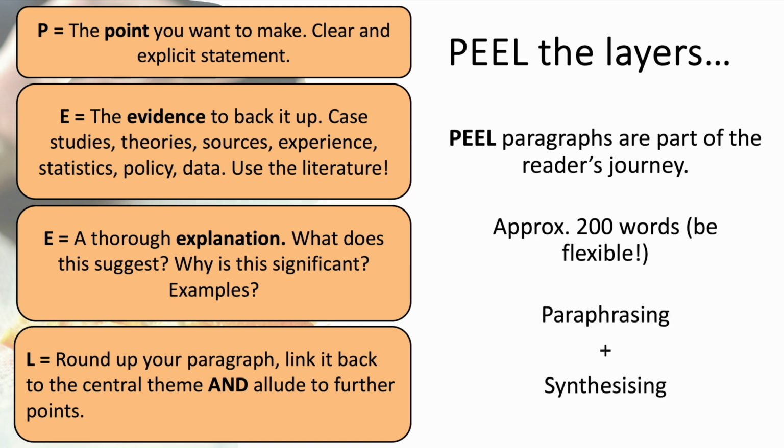Think about paraphrasing. I've just mentioned that we're working at level 6, so we're more likely to be paraphrasing now. And think about synthesis, bringing together multiple sources that agree with one another on a particular topic. Paraphrasing helps you to demonstrate your knowledge of the context and understanding of the topic.